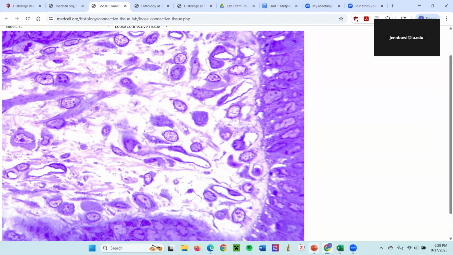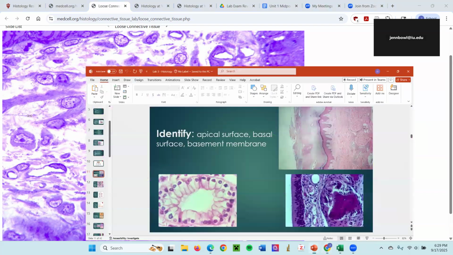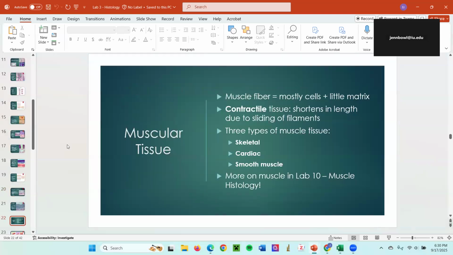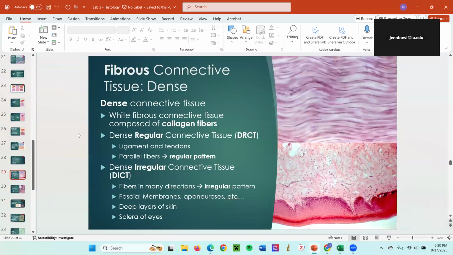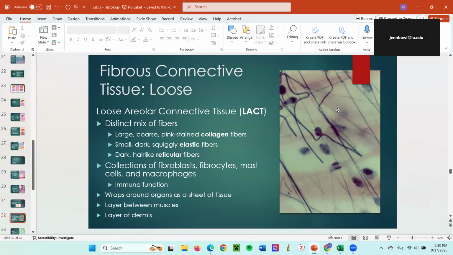So to give you an example of how it might show up on the lab exam, let's find our connective tissue, it was all the way at the bottom. So I like to use this slide because it shows all three of those tissues. We had the really thick, lighter pink collagen fibers.